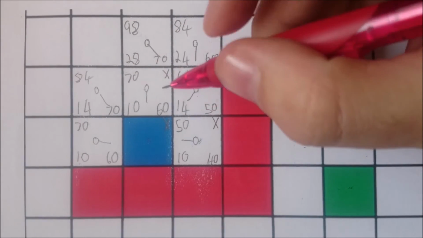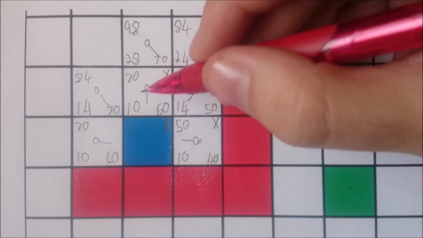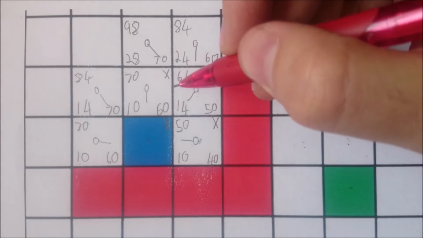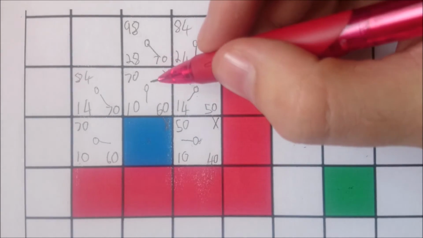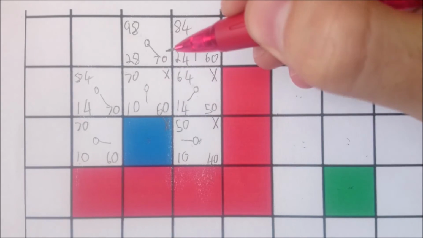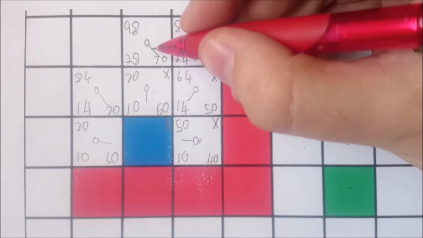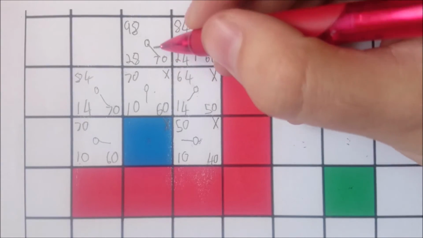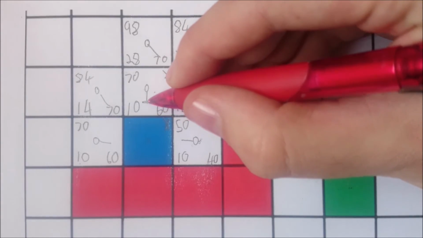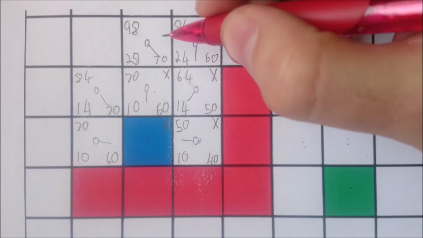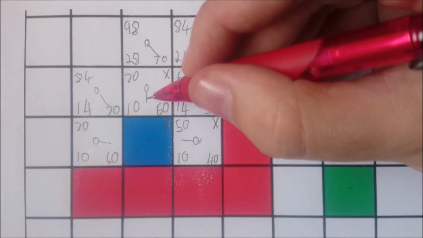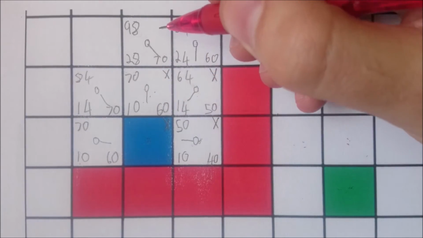Now we're going to check again if the G-score to any of the valid adjacent tiles that are on the open list is improved by going through this tile first. So we're at 10, and we'll see if the one directly above is still on the open list, and our G-score is 10 plus 10, giving us 20, meaning that now our G-score is better if we go through this tile first and then to that one.